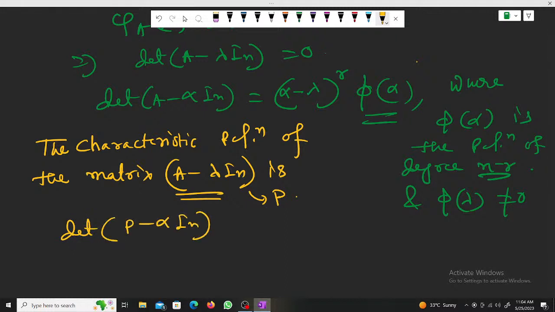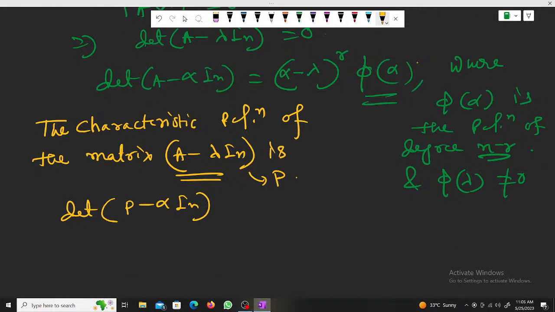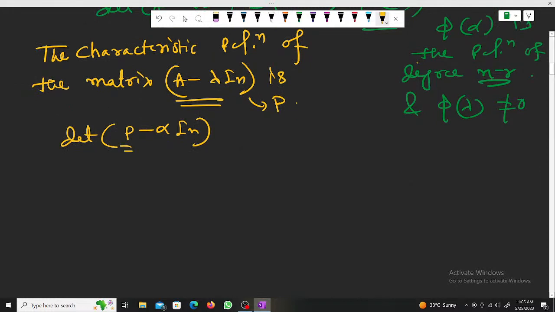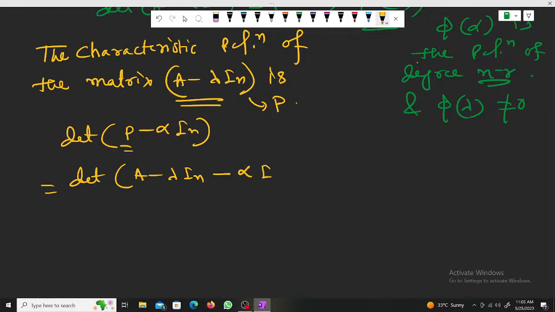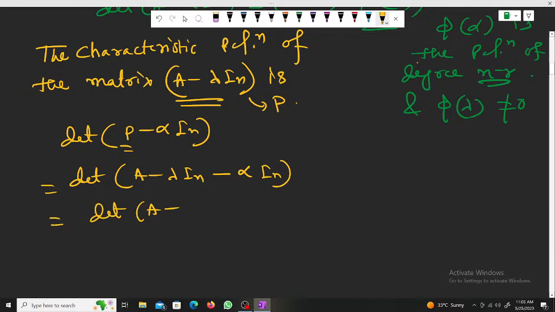This is the definition. Okay, now we replace the value of p. Now we get A minus lambda In minus alpha In. Okay, now evaluate this. Determinant of A minus lambda plus alpha into In.